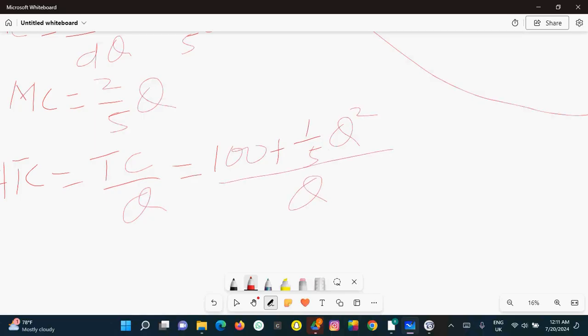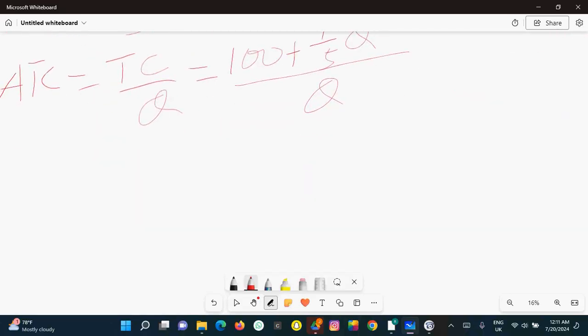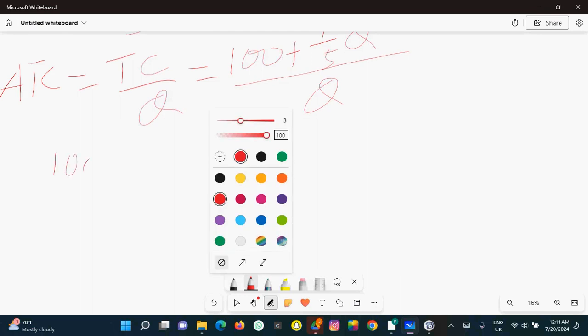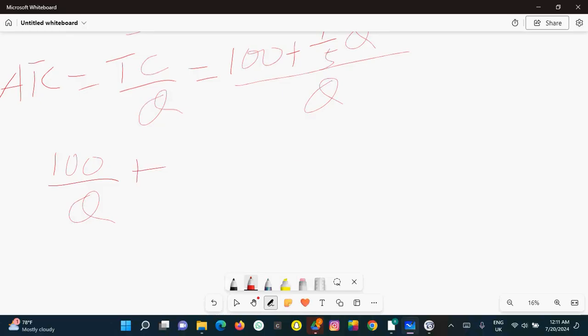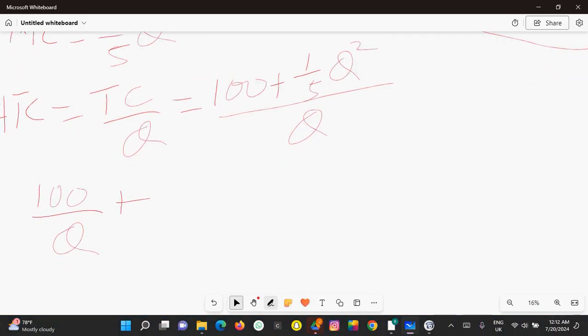Now we are dividing by Q. So our average cost will be 100 over Q plus 1/5 Q. This is because one Q is already there, so if it cancels out, you are left with only one Q. So this is our average total cost.